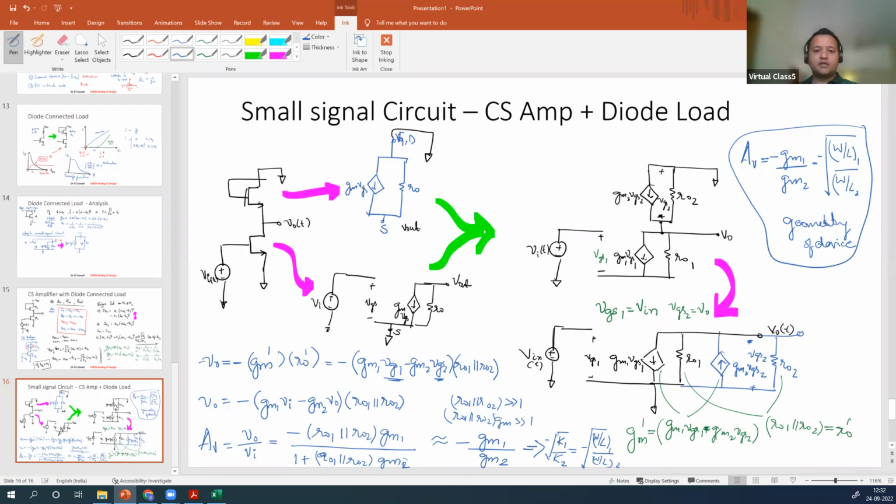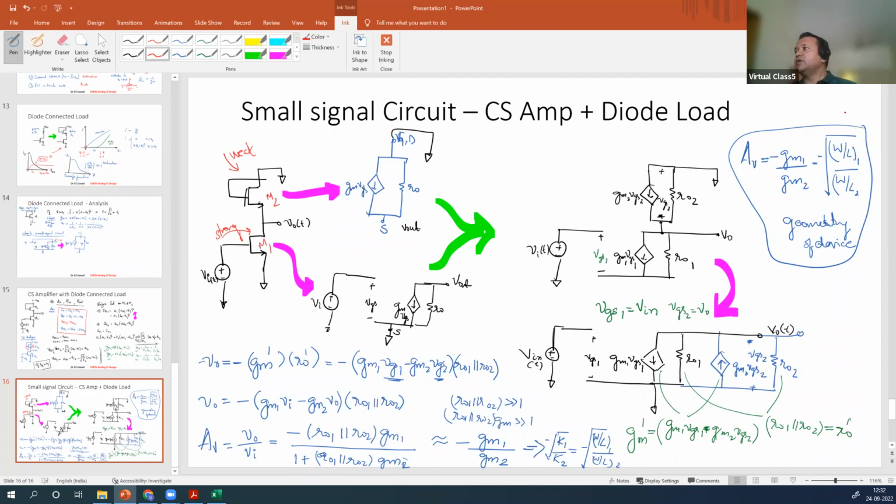Now, here you will have to understand the saturation. One is weak saturation, one is strong saturation. So your diode is weak in saturation. Your transistor is strong in saturation. So in that case, W by L1, in this case, this is M2, this is M1.